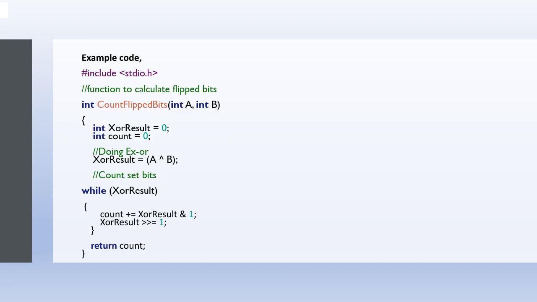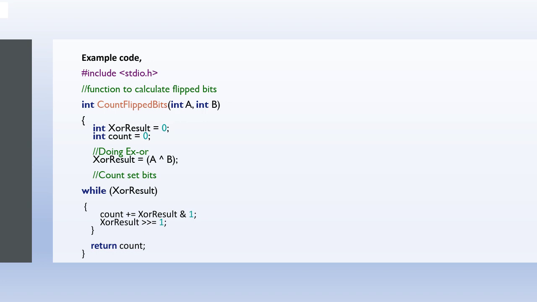So this is the programmatic example code for it. XOR result equals 0, count equals 0, doing XOR A caret B, and while XOR result, count plus XOR result AND 1, and right shift equal to 1, return count. This is how we get the count.